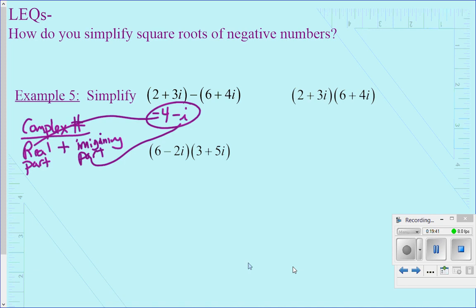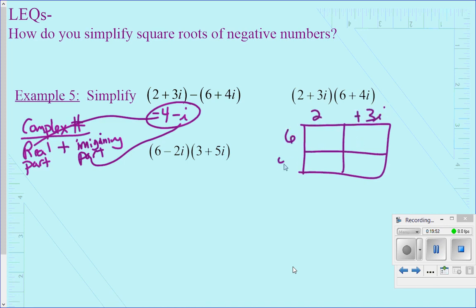Now this time I have two binomials. There's no sign in between, which I know means I'm going to be multiplying them. So I'm going to set up a generic rectangle, 2 plus 3i and 6 plus 4i. I'm going to multiply: 6 times 2 is 12, 6 times 3i is 18i, 4i times 2 is 8i, and 4i times 3i is 12i squared.